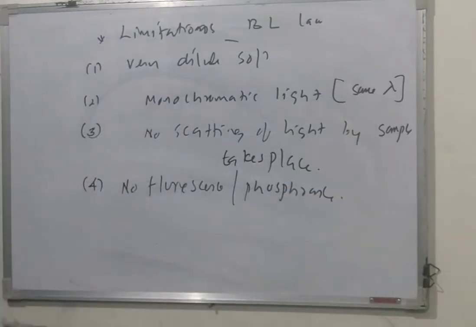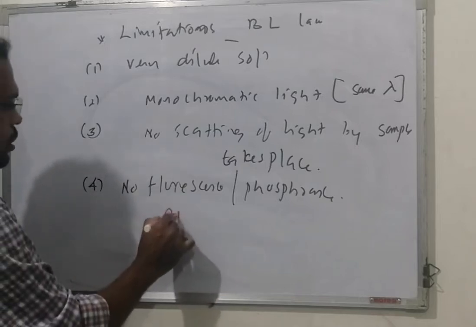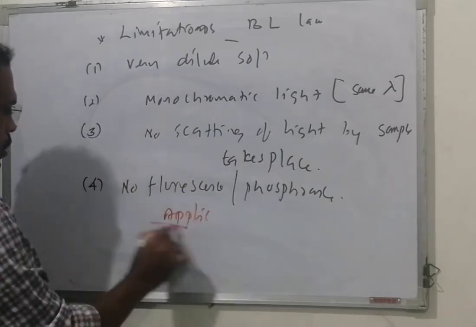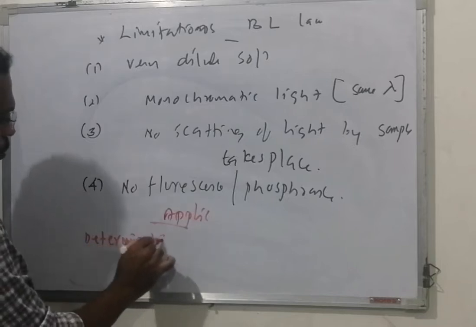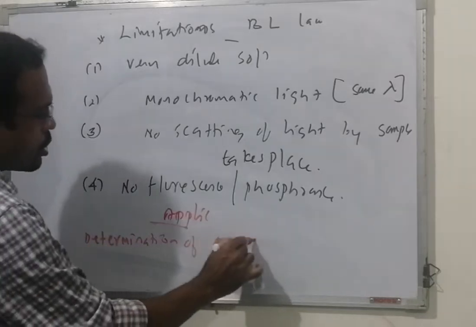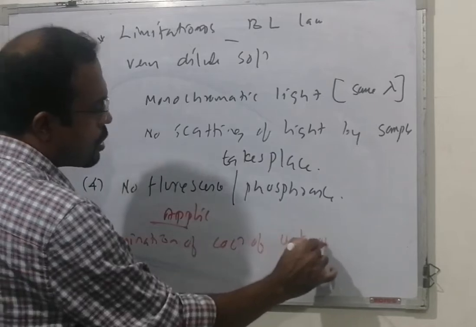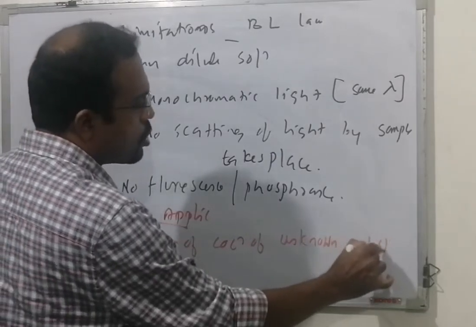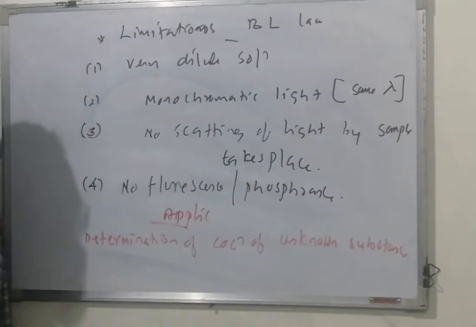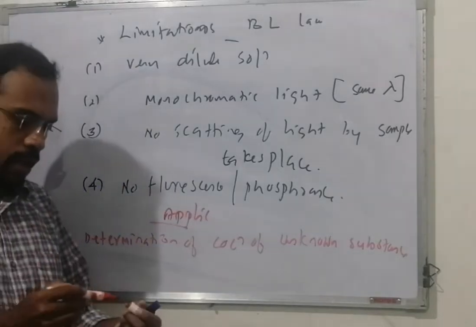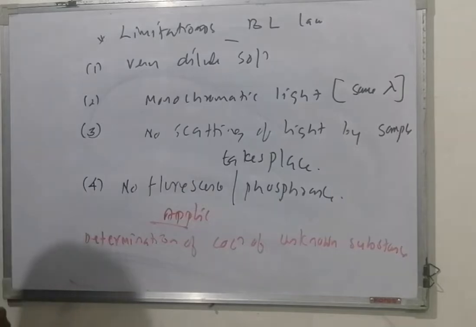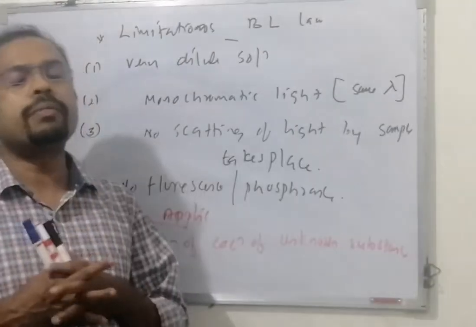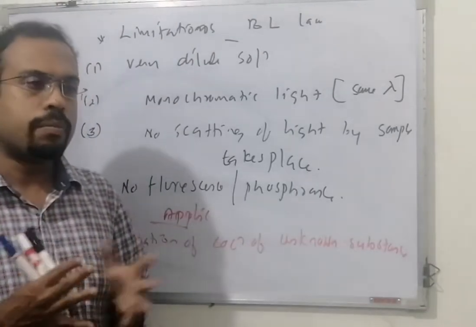Now, what are the applications of Beer-Lambert's law? First, determination of the concentration of unknown substances. Dear students, you will do this in colorimetry. Therefore, Beer-Lambert's law will be dealt with in detail in a practical sense in colorimetry experiments. That is a practical experiment in the physical chemistry practical syllabus.